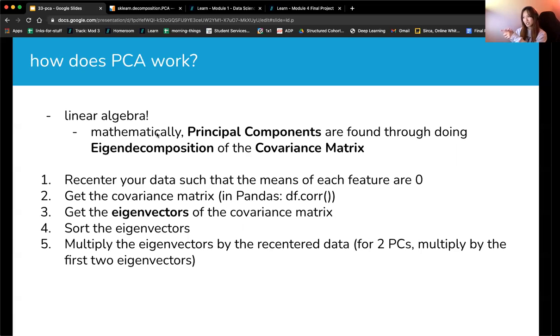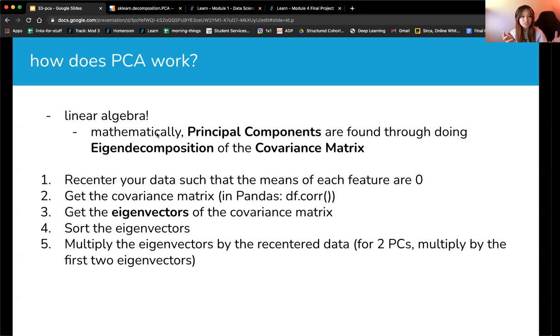Once you have the covariance matrix, you do the eigen decomposition of it. The dimensions of a covariance matrix would just be number of features times number of features. When you decompose that, you will get some eigenvectors. Eigenvectors are basically one of the component matrices I was talking about.